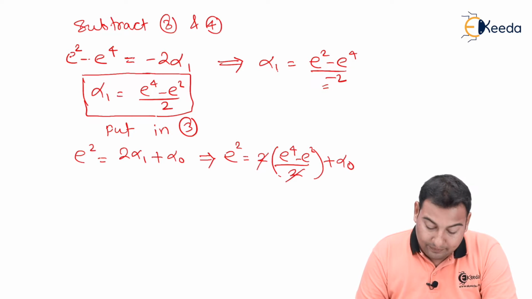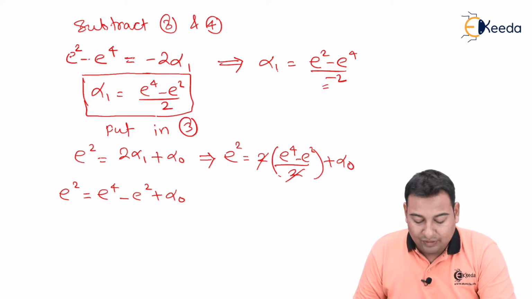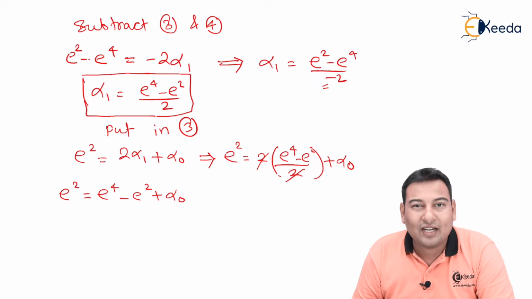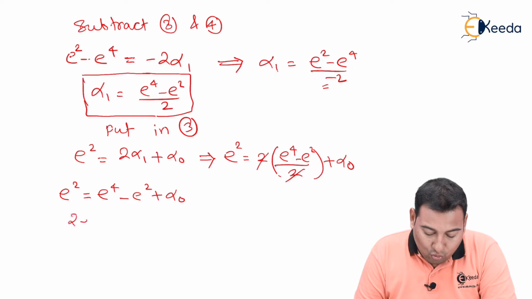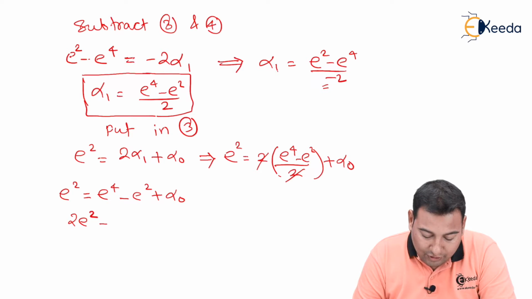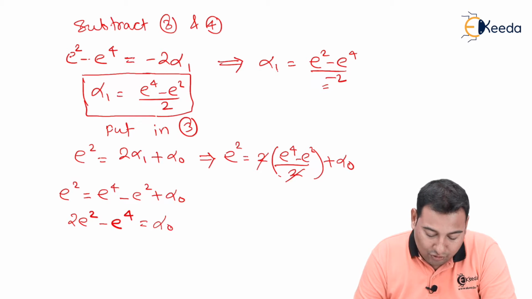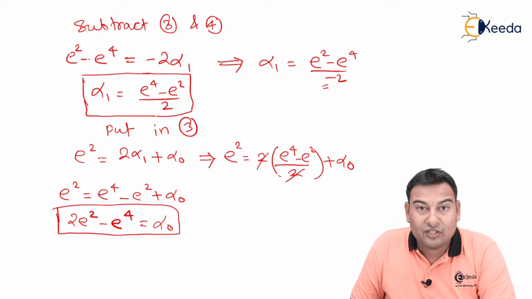This will be cancelled. e squared is equal to e raised to 4 minus e squared plus alpha 0. Now minus e squared will come this side and become plus e squared, so you'll get 2 e squared. e raised to 4 will come this side and become minus e raised to 4, equal to alpha 0. So friends, we are ready with both the values alpha 0, alpha 1.